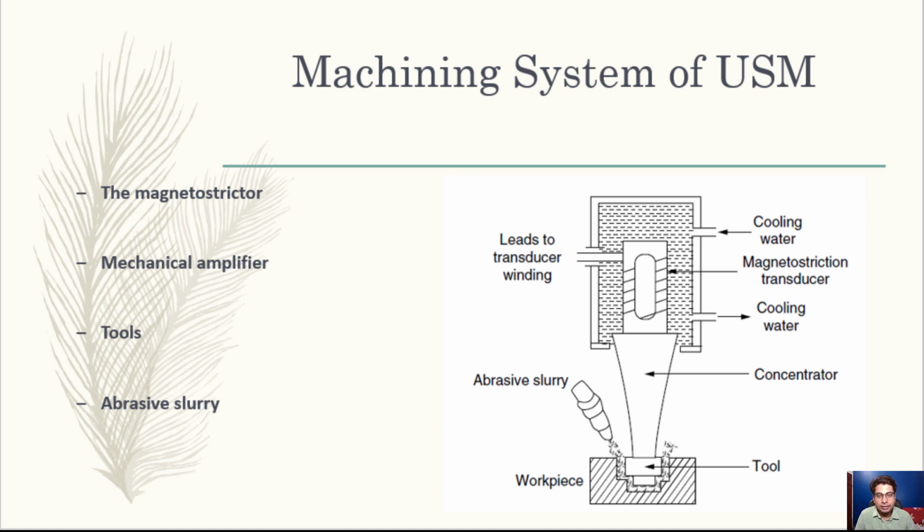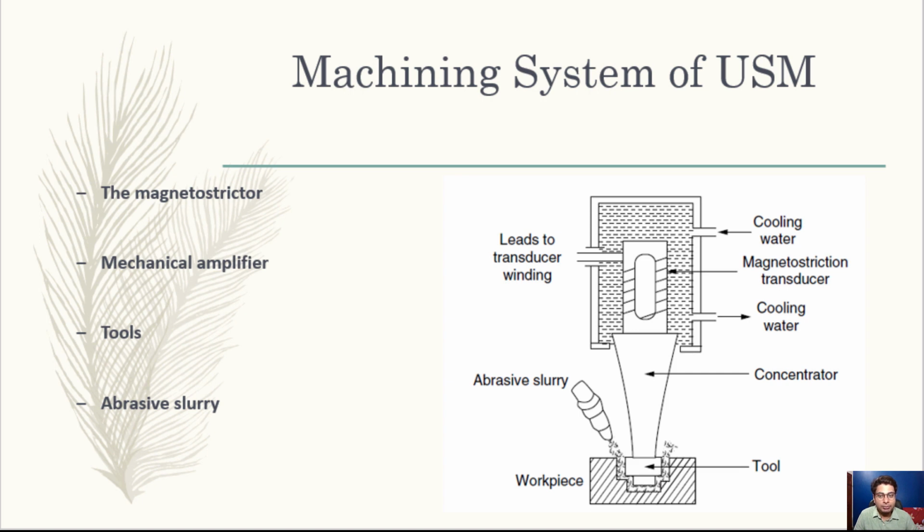The second is the mechanical amplifier. The elongation obtained at the resonating frequency using a magnetostrictor is too small for practical machining applications. This results in the requirement of mechanical amplifiers.